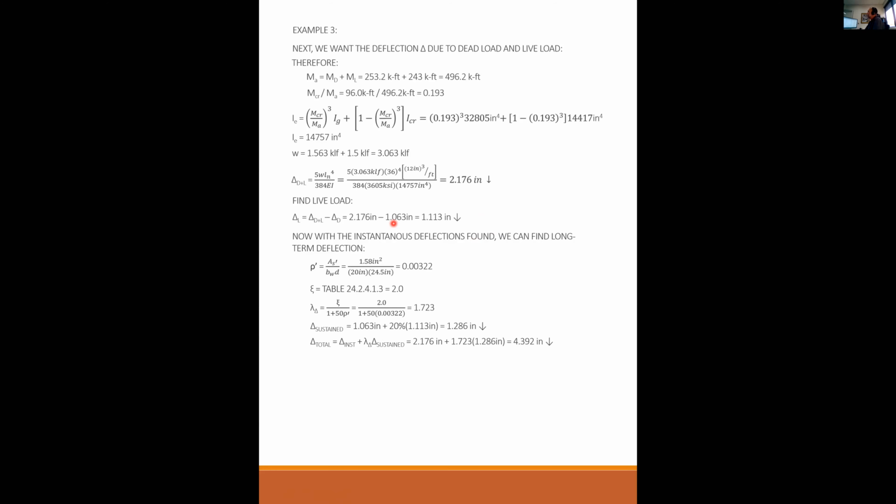And then because it was cracked and all, that added to that 1 inch. But then you put the live load on there, and now you're at 2 inches, 2.17. That's a little too much. But then you come back in 5 years and 2.17 has grown to 4.4, basically.